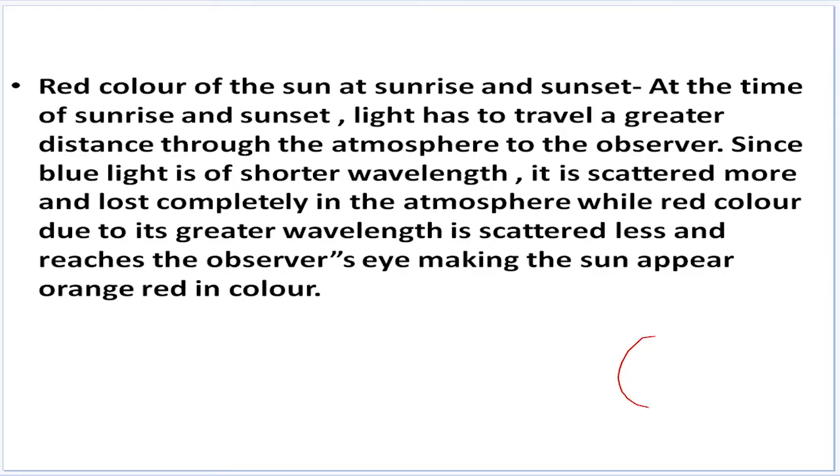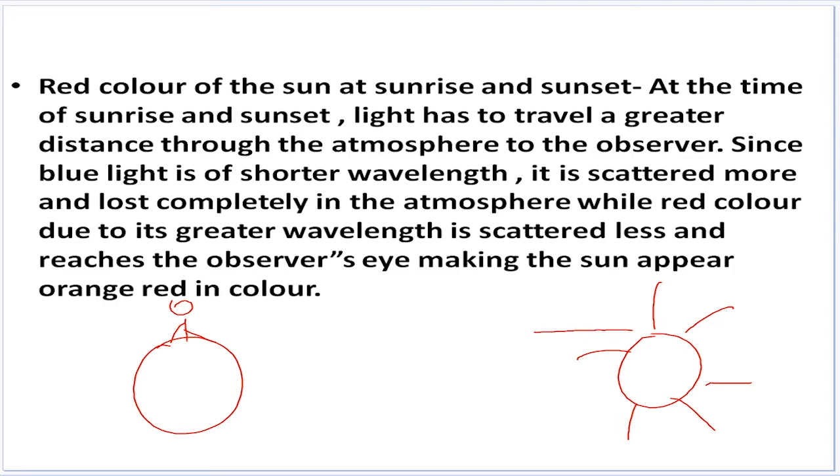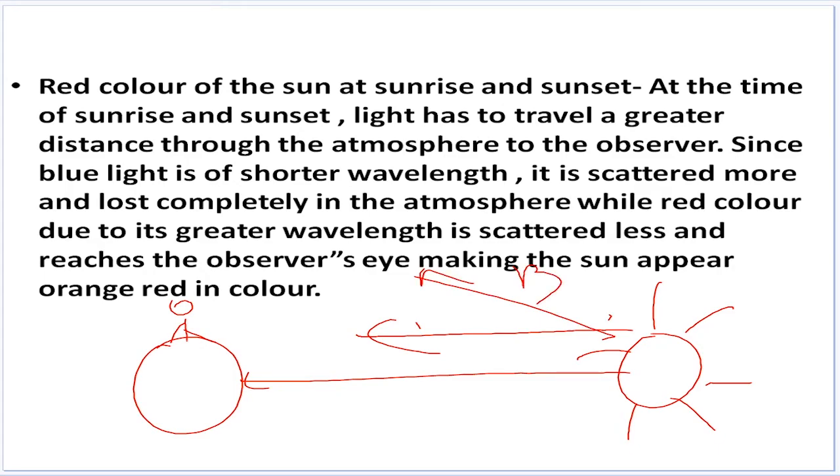For example, children, if this is the sun, and this is an observer on the earth. So all the colors are coming, this is blue light and this is red light. See, blue light gets scattered to such an extent because its wavelength is less, it is almost lost in the atmosphere somewhere, and doesn't reach the observer.